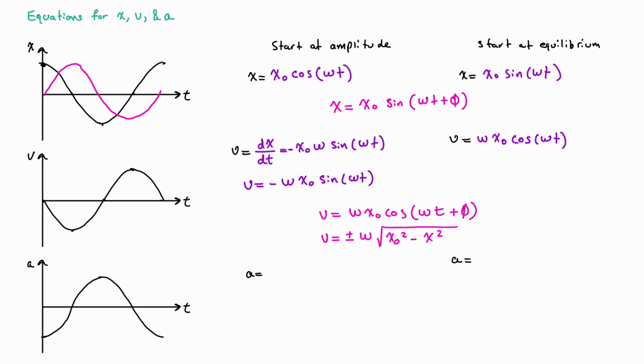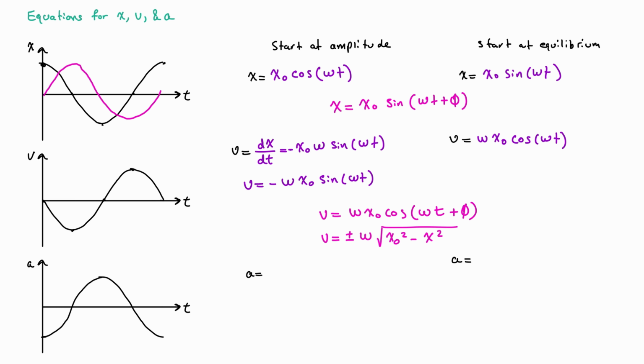And where this becomes extremely helpful is that this equation is writing the velocity based on time. So basically, if you have a position time graph, you can use this equation to figure out what the velocity is at any point. However, if you have a position graph and if you end up having the period, then you can just use this equation and you can find the velocity at any position.